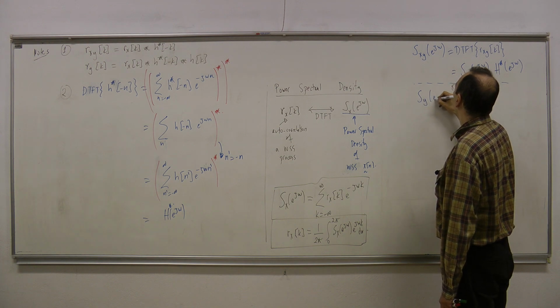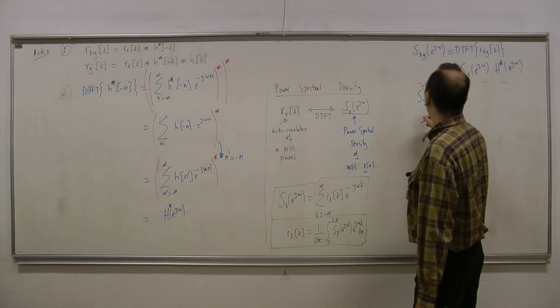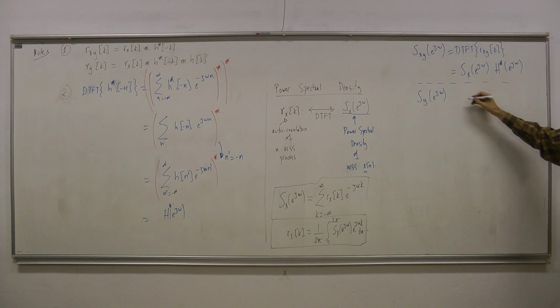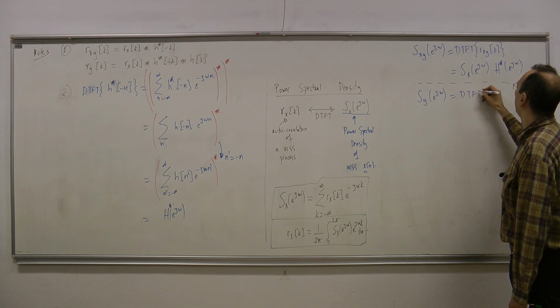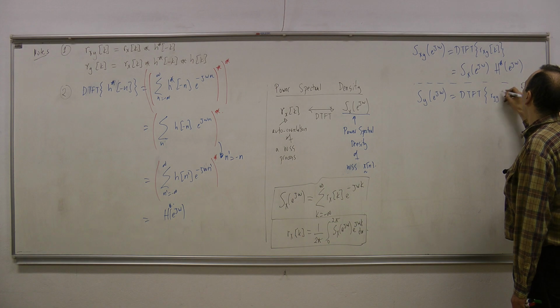So Sy e to the j omega, which can also be written Syy, is equal to the DTFT of Ryy of k.